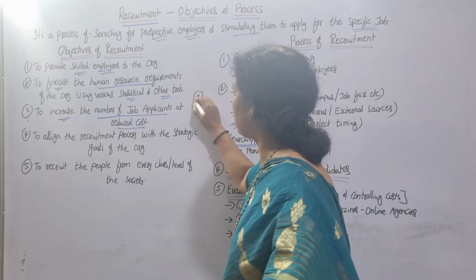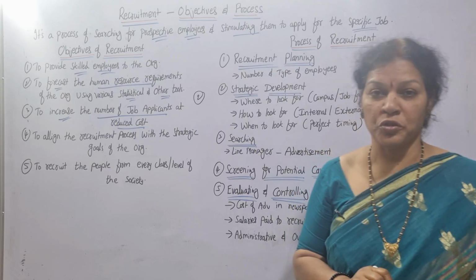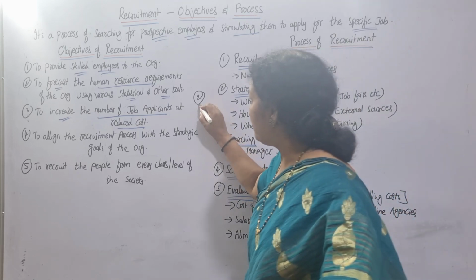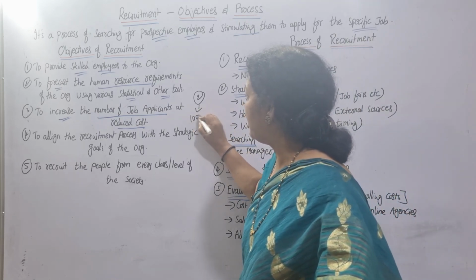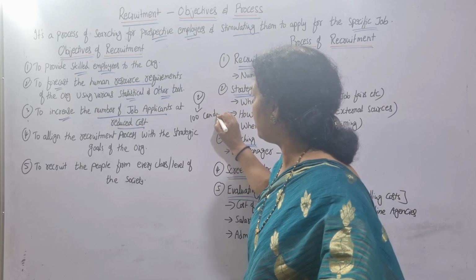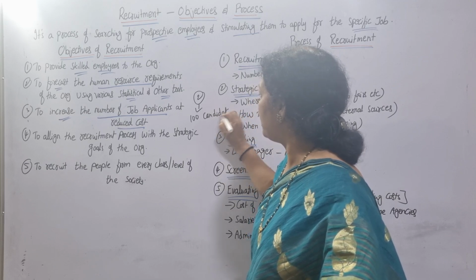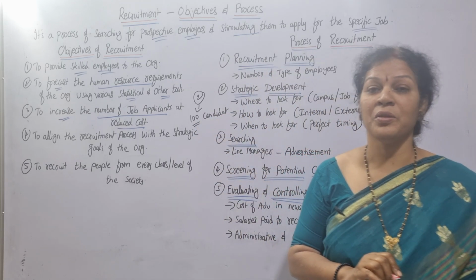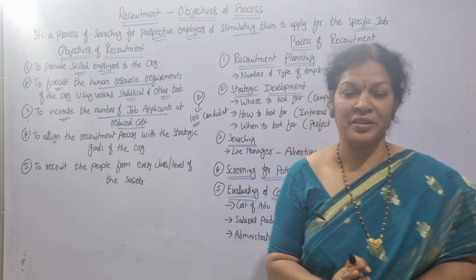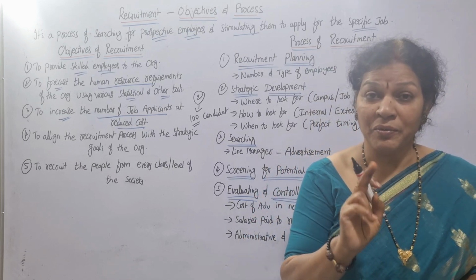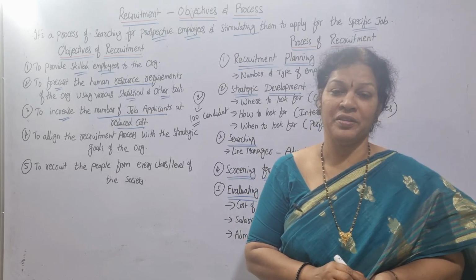For these 2 jobs, say 100 candidates have applied. Means the ratio is 1:50. Out of 50 employees, we are going to select 1 employee.